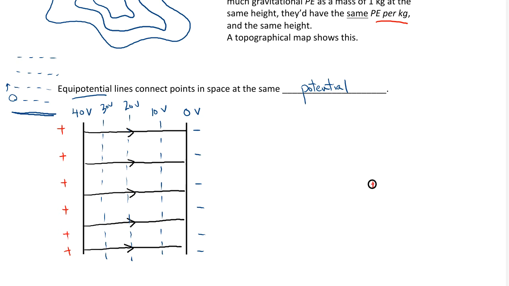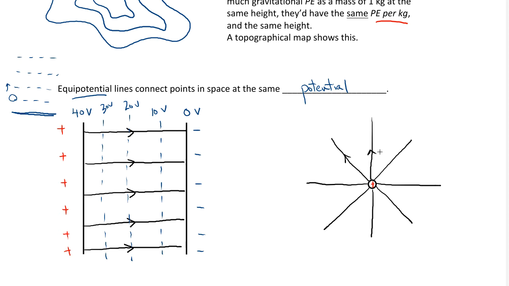Now let's look at the equipotential lines around a positive charge. So first let's draw the field lines. Remember that the field lines are going to radiate outwards, and for a positive charge, they're going to point outwards as well. So these are our field lines. We've said that in the previous case, the equipotential lines run perpendicular to the field lines, and that actually holds true always.